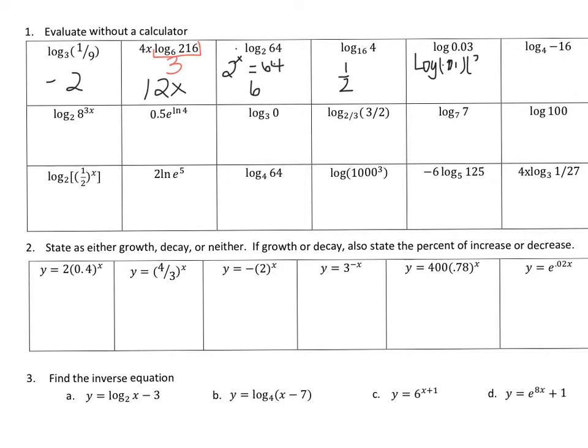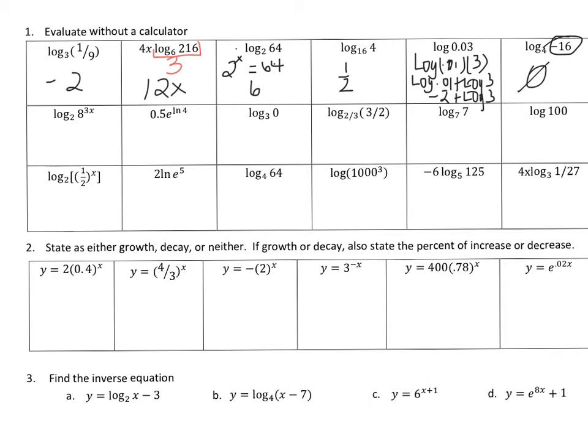That would be the log 0.01 plus the log of 3 using our product property. The log of 0.01 is -2 plus the log of 3, and that's pretty much all we can do without a calculator. The log 4 of -16, the of part of a log cannot be negative, so there's no solution.